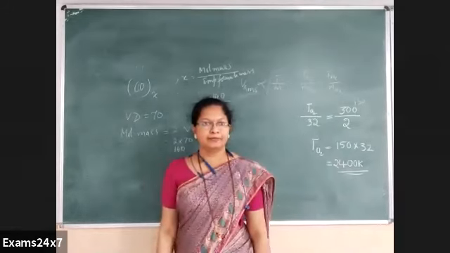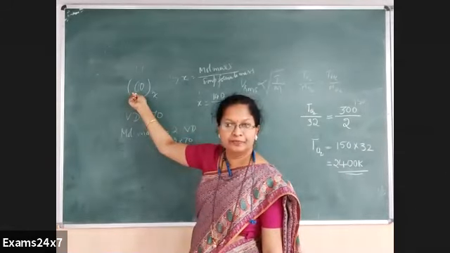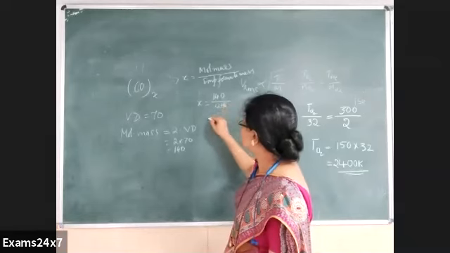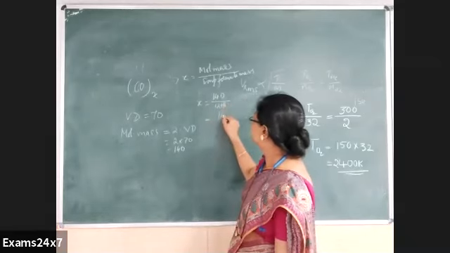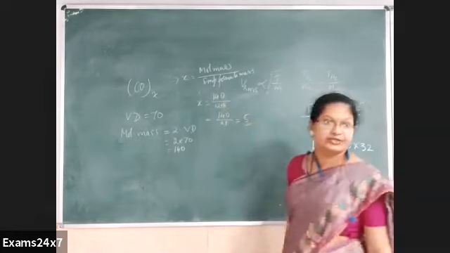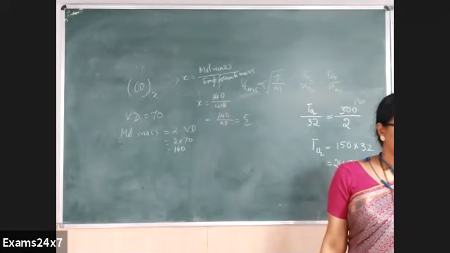How to find it? Add the atomic masses of all the atoms present in the given formula. Carbon is 12 plus oxygen is 16, which gives 28. 140 by 28 is 5. So X is 5 there. Clear?